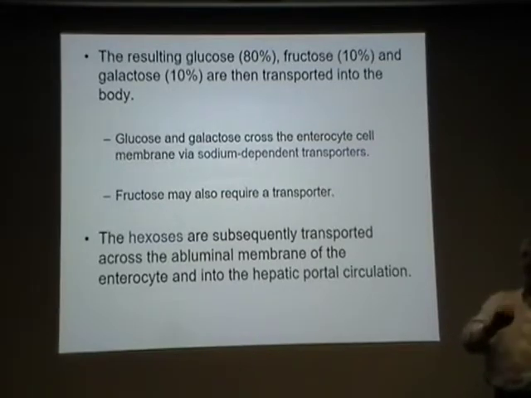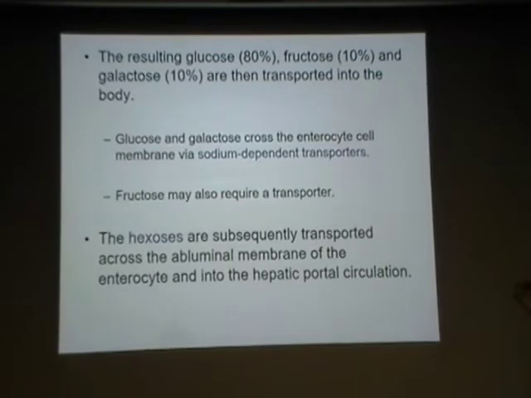Most likely it requires a transporter. You get some bulk flow absorption, but it probably requires a transporter. So we're going to focus especially on glucose. We need a sodium-dependent, active transporter. So sodium absorption releases energy, which allows us to pump the glucose into the enterocyte.